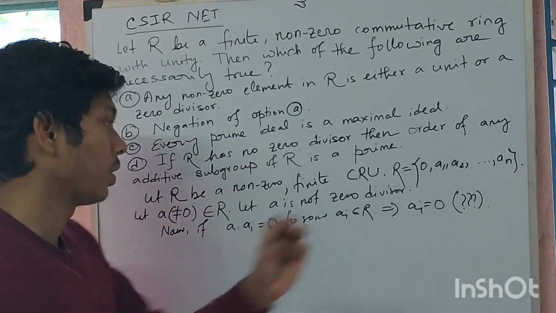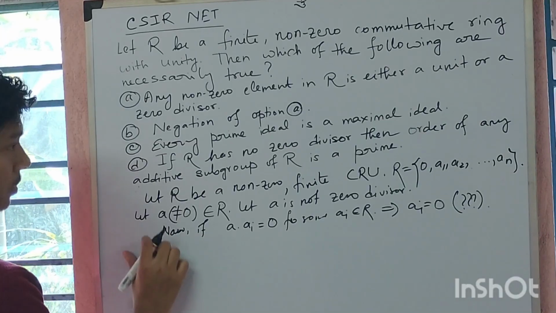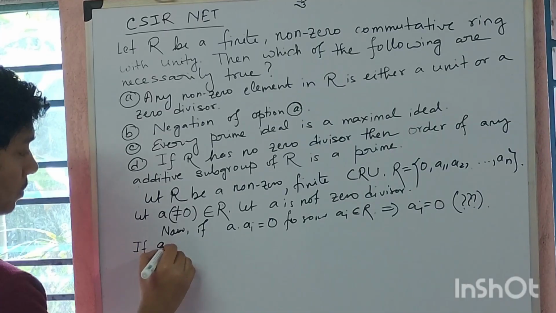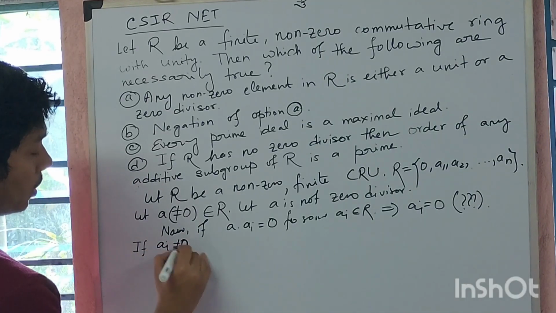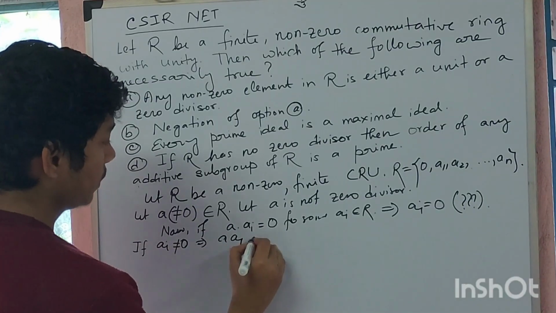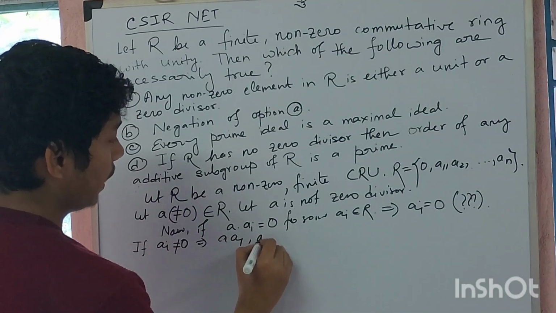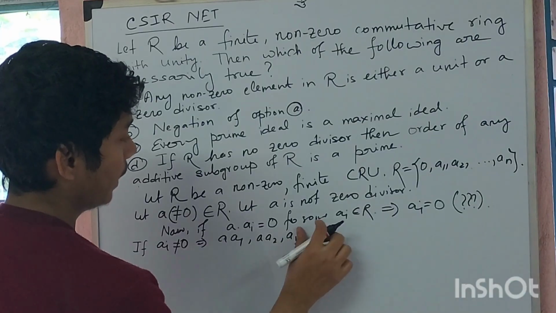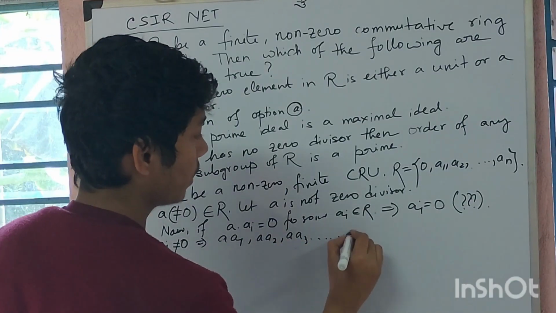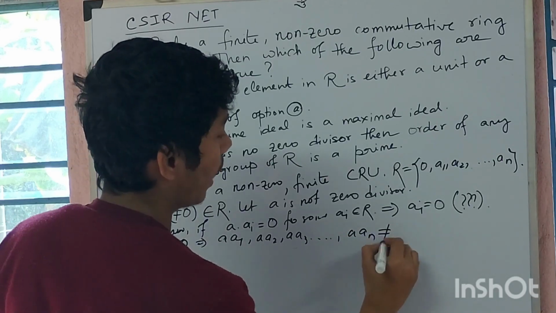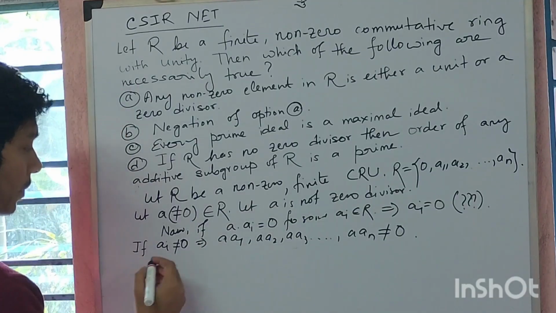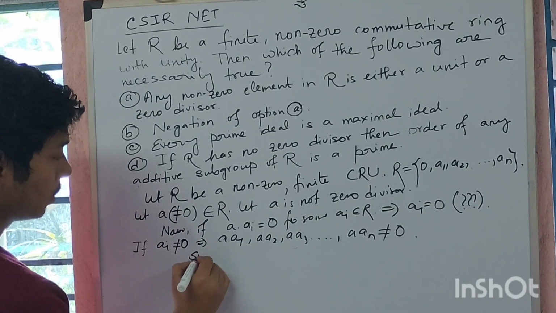Now if ai is not equal to 0, it implies that a1, a2, a3, ..., an are all not equal to 0.